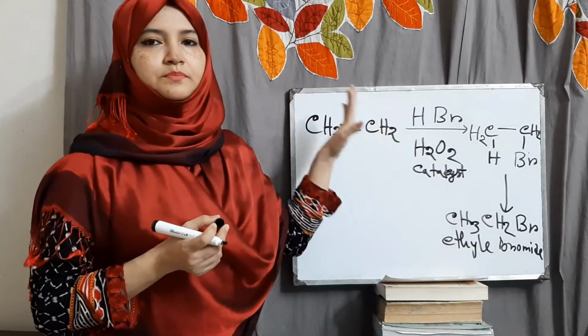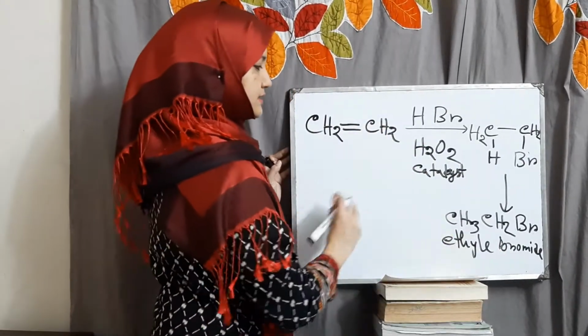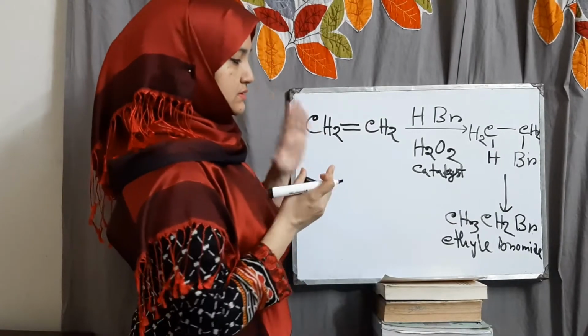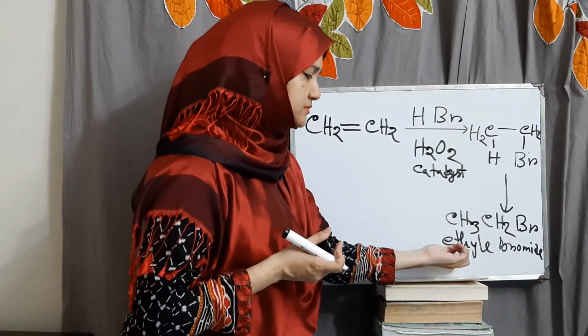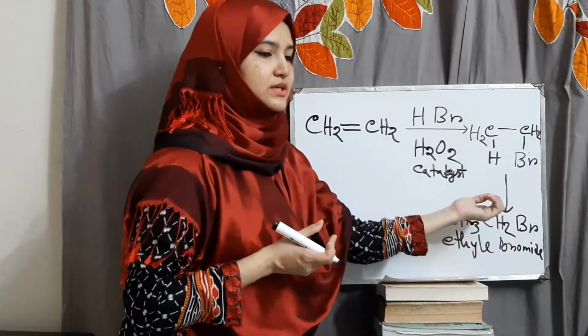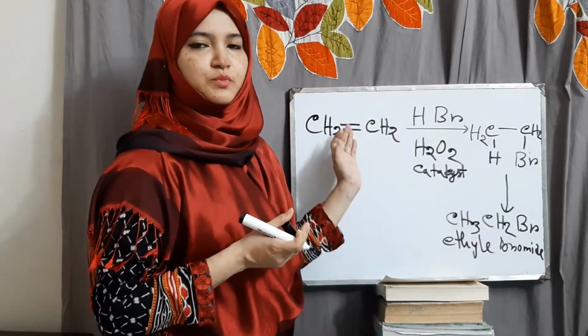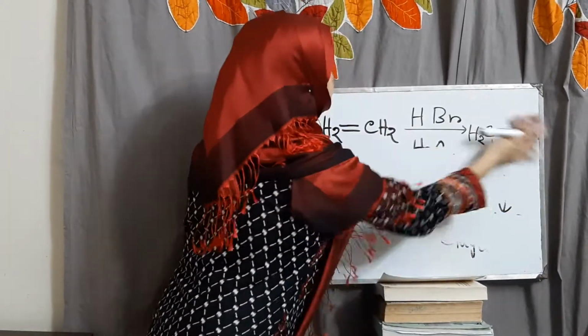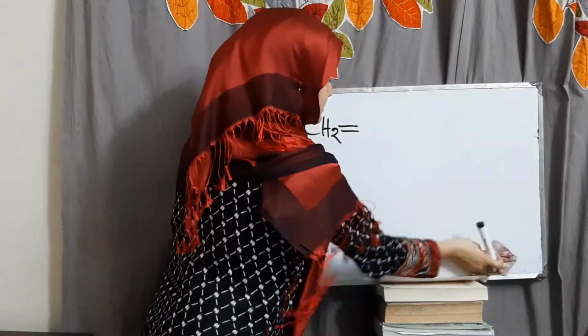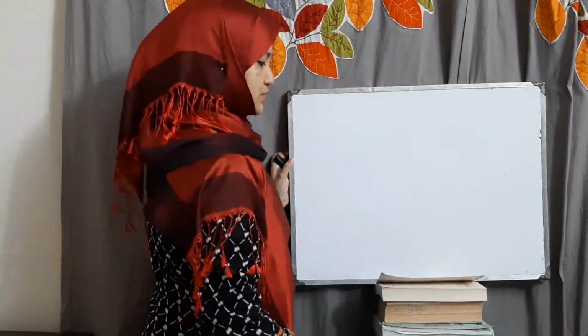First step completed. Now the second step is the conversion of ethyl bromide into the corresponding alcohol. For this conversion, the reagent is aqueous sodium hydroxide.